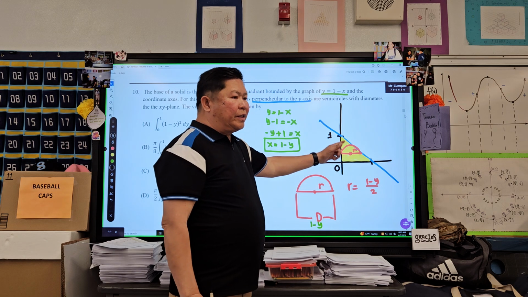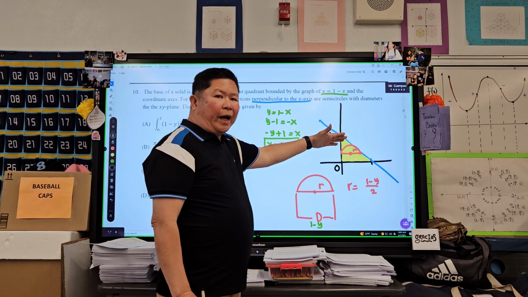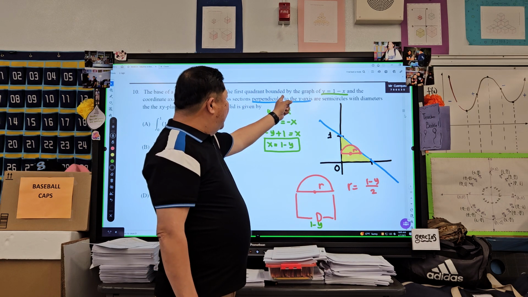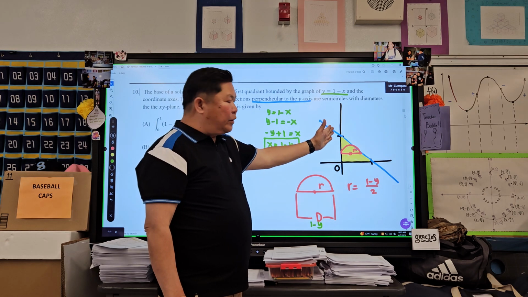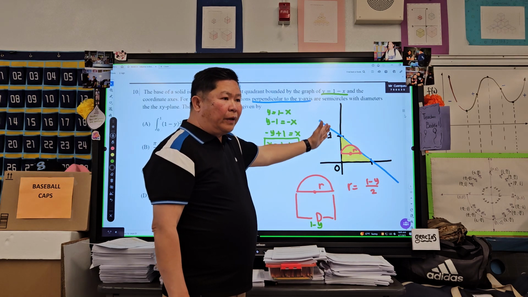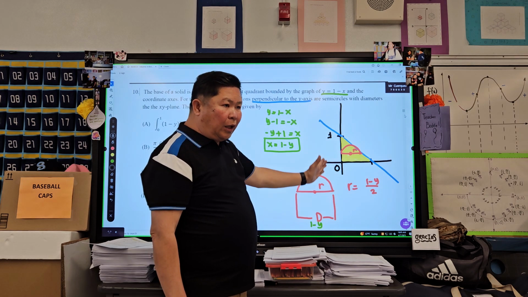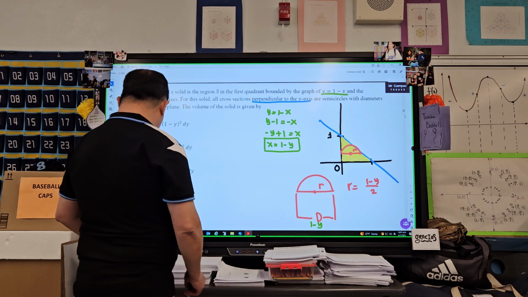Since it is perpendicular to the y-axis, you can have this interval from 0 to 1 along the y-axis.